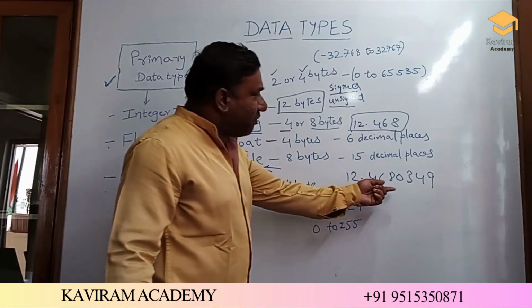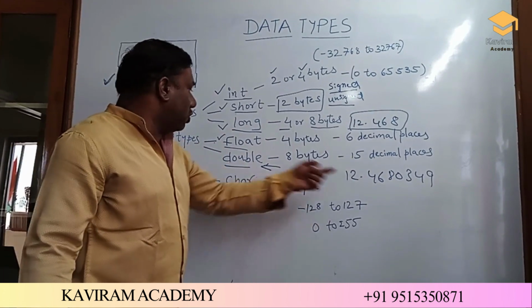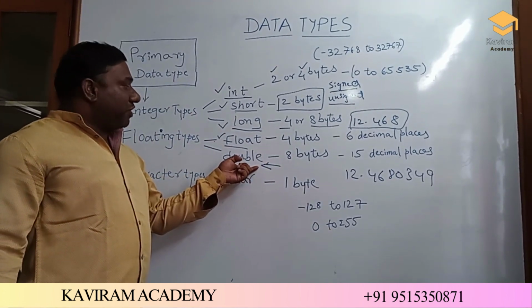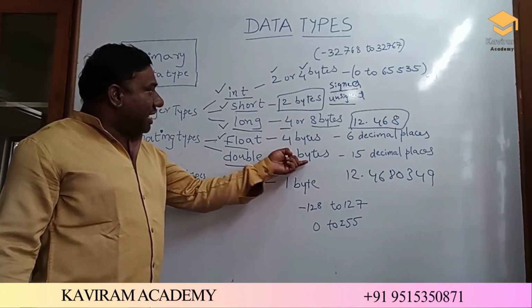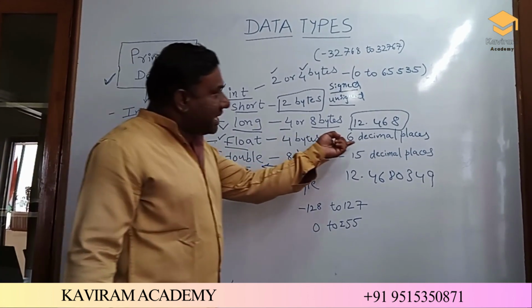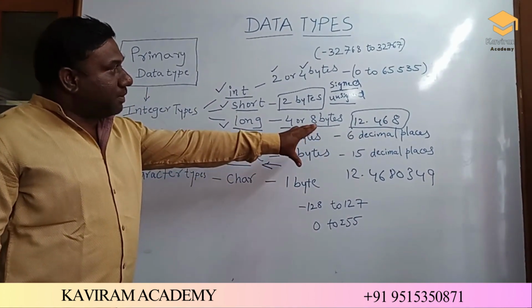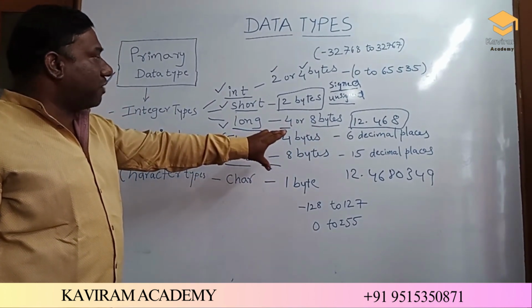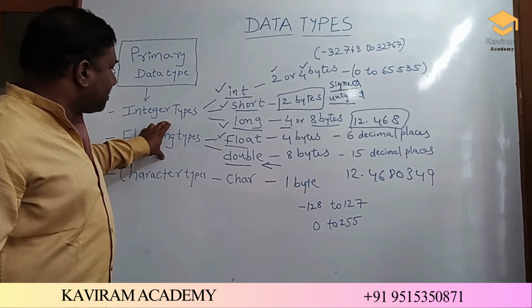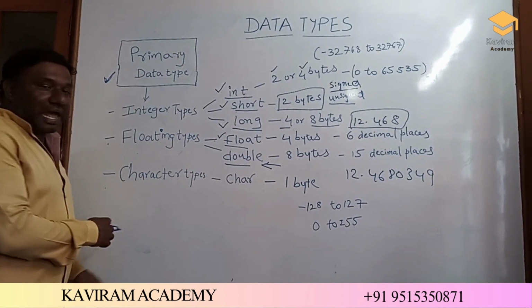Here I have around 7 decimal places, so I can store this value in my double, which occupies 8 bytes, whereas float takes only 4 bytes and 6 decimal places. Whenever you have decimal values, we store those values using floating data types, either float or double.